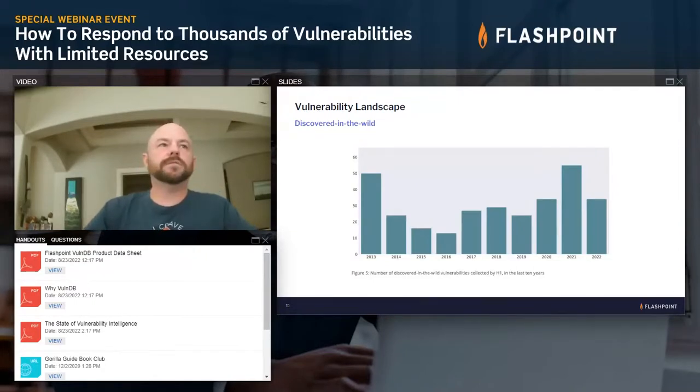And we learned just how wild that can be early on when some significant companies would say, hey, can you monitor this plugin for WordPress? And we're like, really? And yes, they are using these plugins for WordPress on their corporate blogs. So we try not to make any assumptions about that. In doing that, our coverage of discovered in the wild is considerably better.